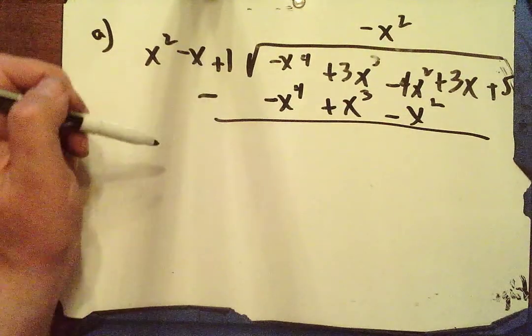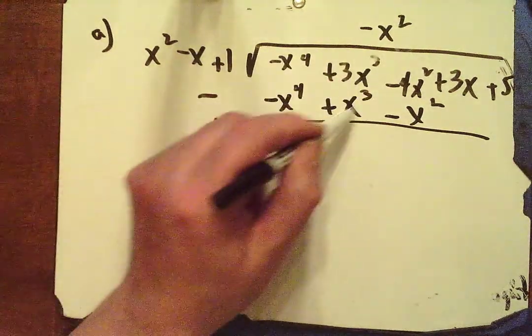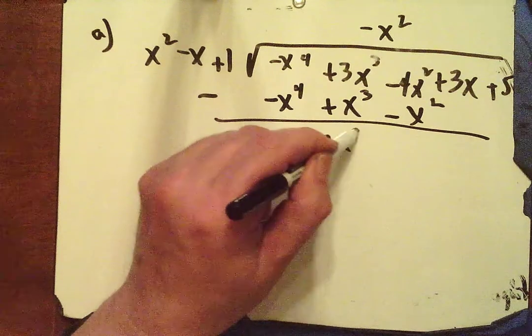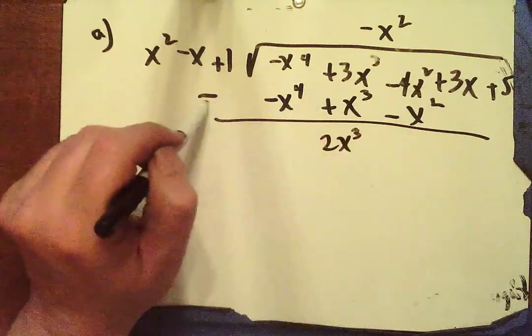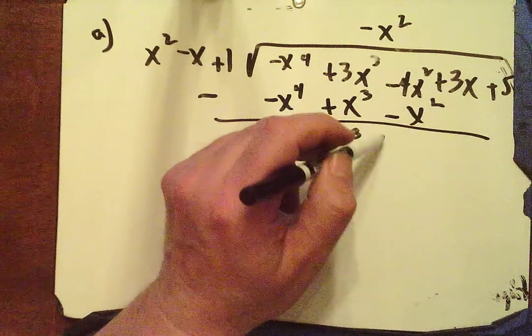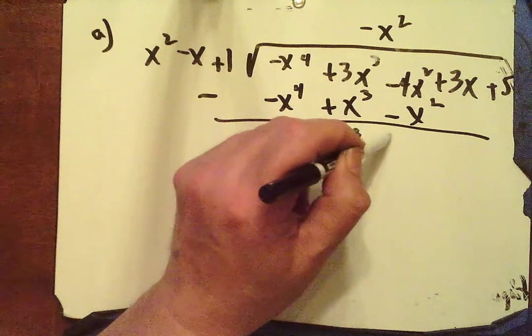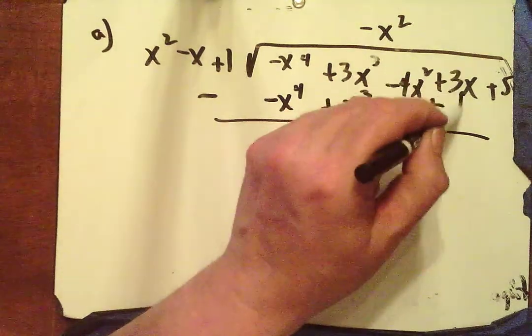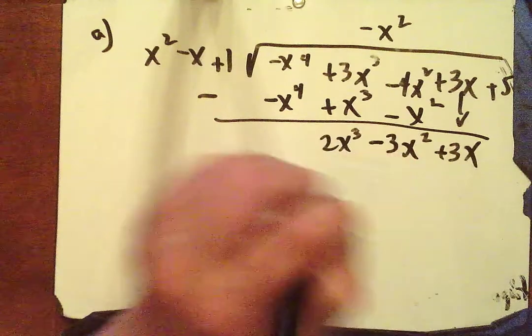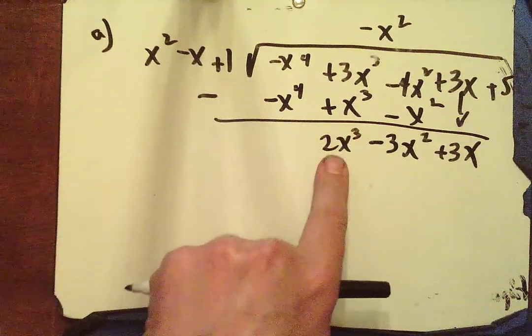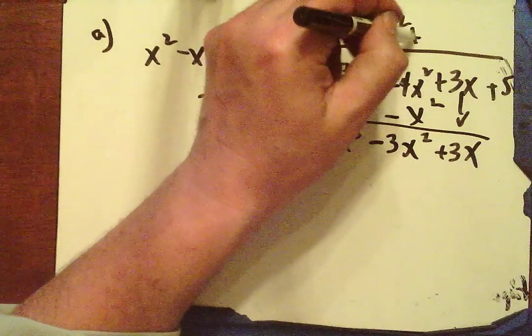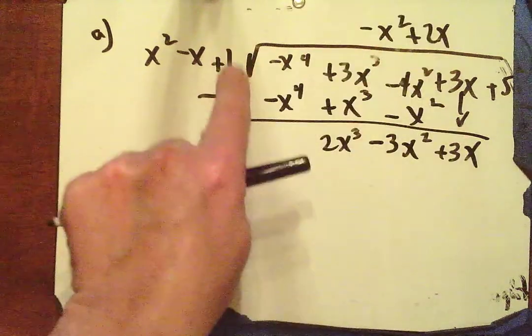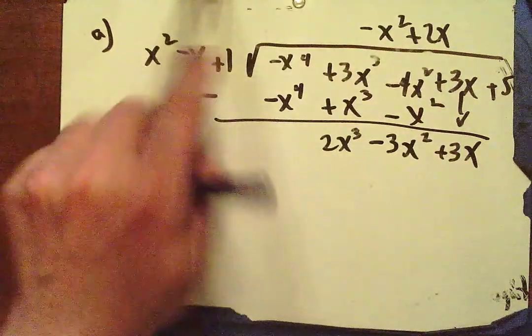In long division, we subtract. 3x to the 3rd minus x to the 3rd is 2x to the 3rd. Minus 4x squared minus a minus 1x squared is going to be minus 3x squared, and bring down that plus 3x. What do I multiply this by to turn it into that? That's going to be a 2x, and then I'm going to take that 2x and distribute it to each of those.